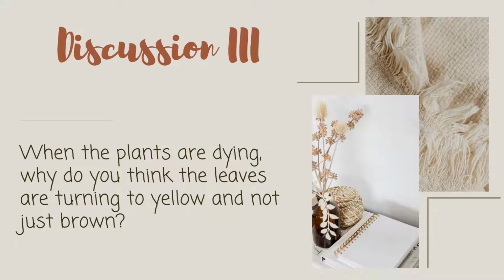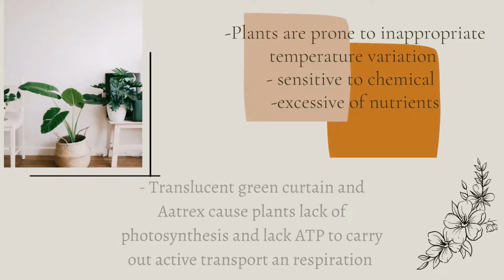We proceed to discussion 3. When the plants are dying, why do you think the leaves are turning yellow and not just brown? We know that there are many conditions that affect plant growth and cause plants to turn yellow.